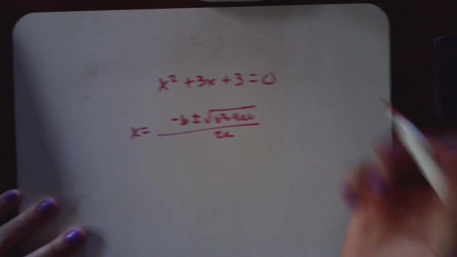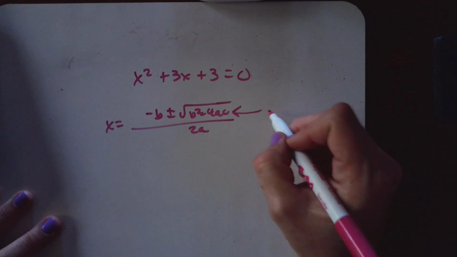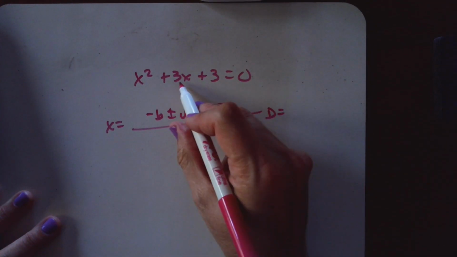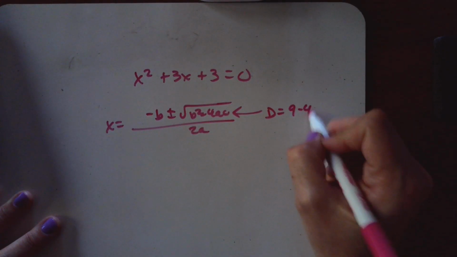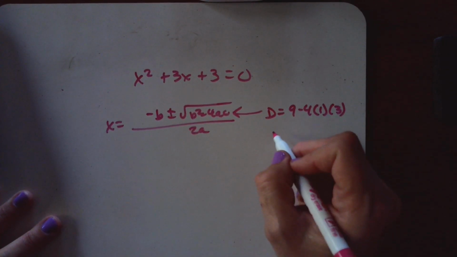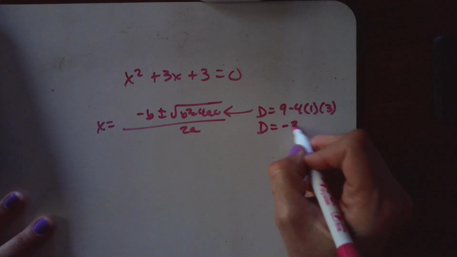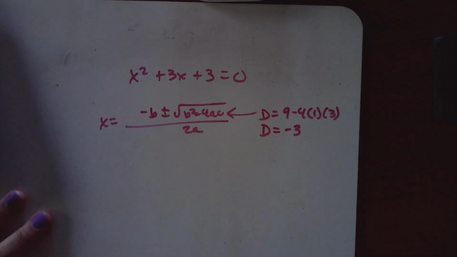First of all, this part here, that's called the discriminant, the b squared minus 4ac. So let's figure that out. B squared would be 9 minus 4, a is 1, c is 3. This is all stuff you did in Algebra 1. So this is going to be 9 minus 12, so it's negative 3, or put that in your calculator.